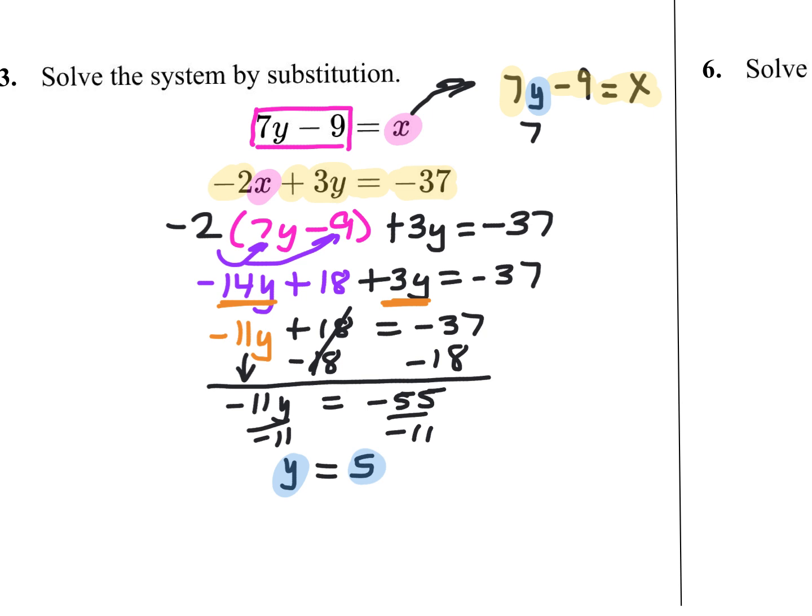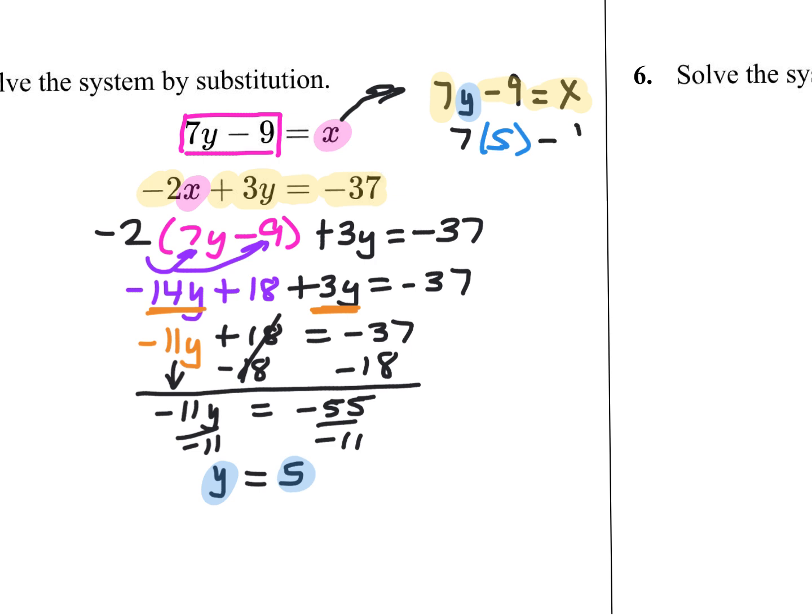So 7 times 5. Sorry, my 5s are so ugly. Minus 9 equals x. So 35 minus 9 is 26. So my x is equal to 26. So my solution is going to be 26, 5.